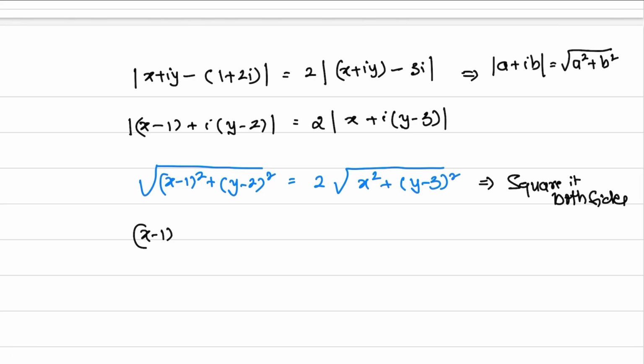x minus 1 whole square plus y minus 2 whole square is equal to 4 into x square plus y minus 3 whole square.